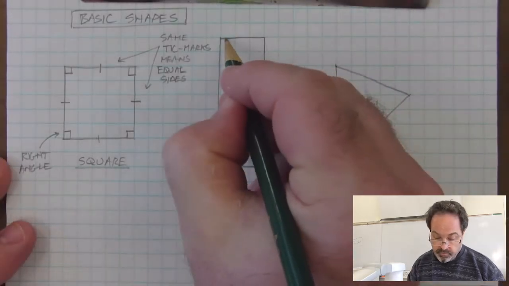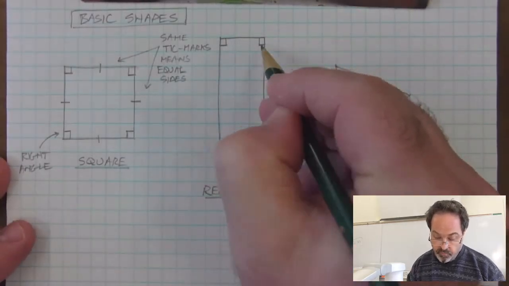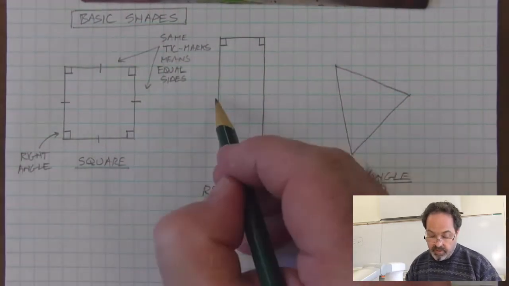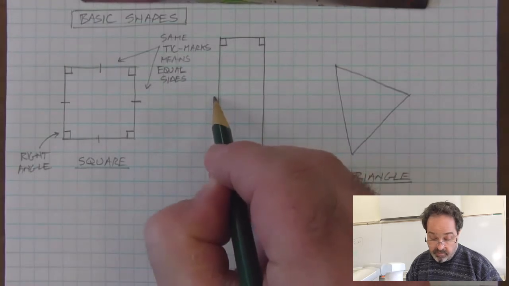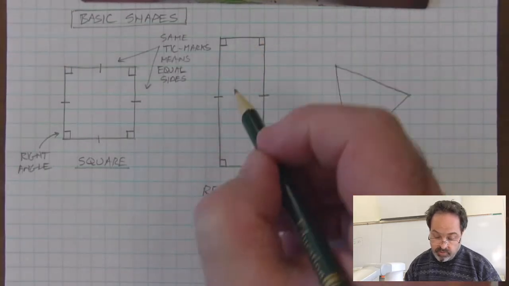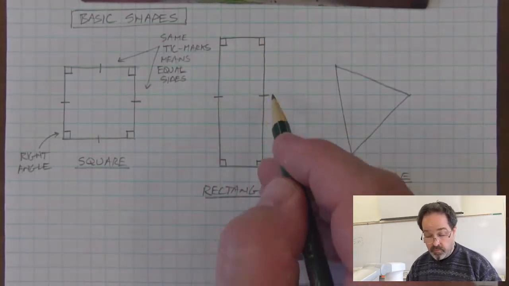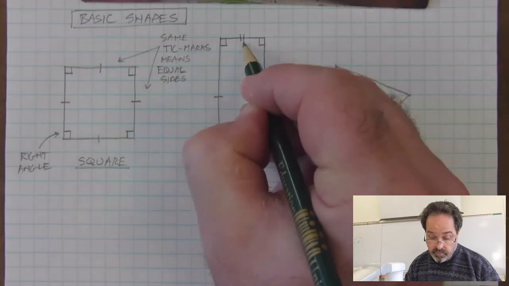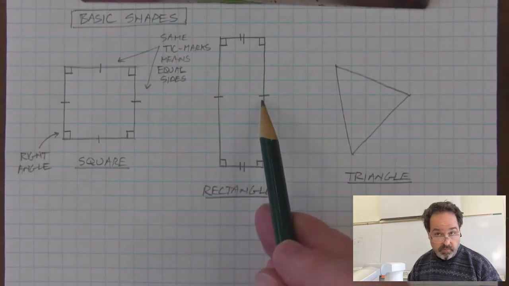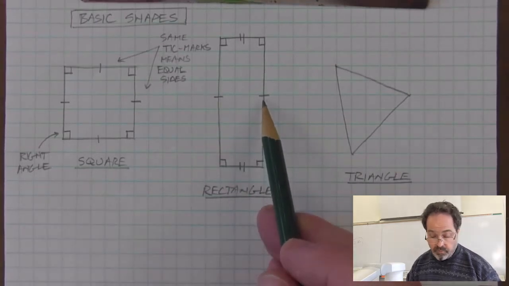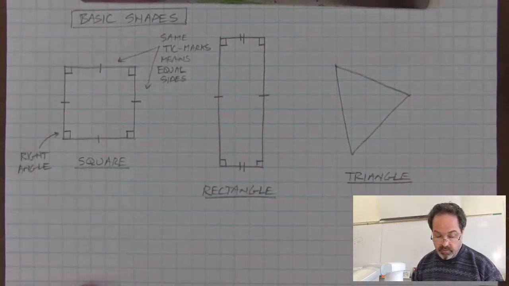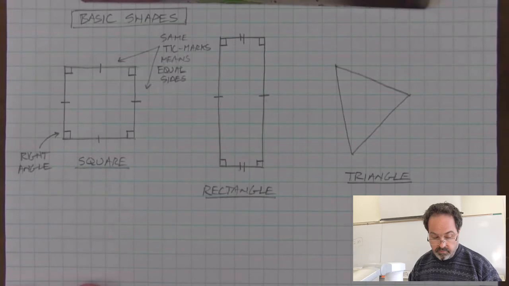We also have a shape that has 4 sides and 4 right angles. But if its sides are not all equal, if only sides that are opposite one another are equal to each other, so we use 1 tick mark to say that these 2 sides are equal to each other, even though we may not know their measure, and 2 tick marks to show that these 2 sides are equal to each other, then we have a rectangle.